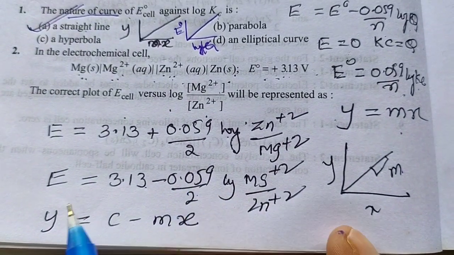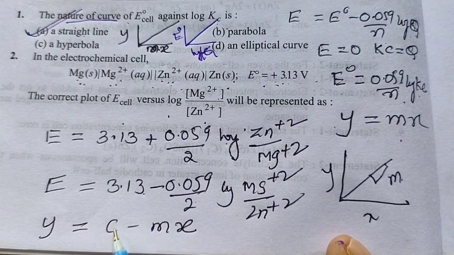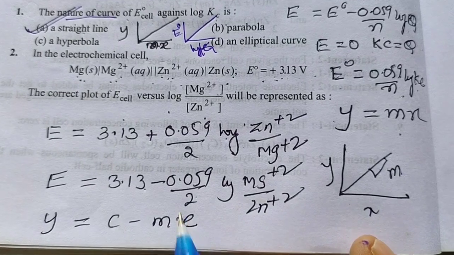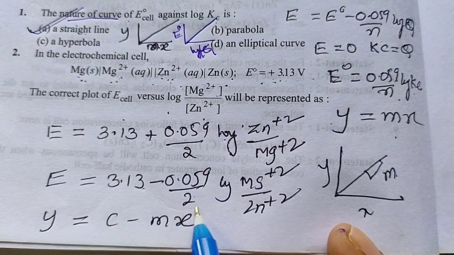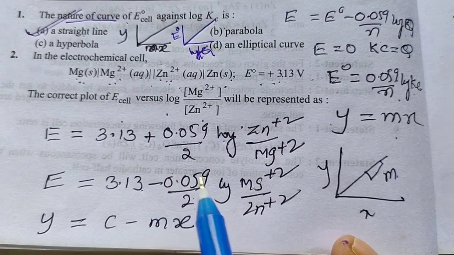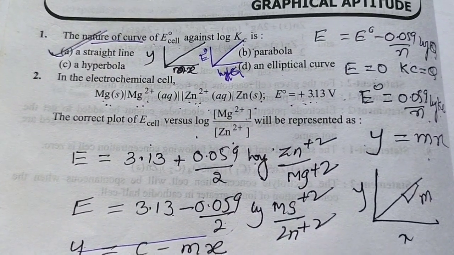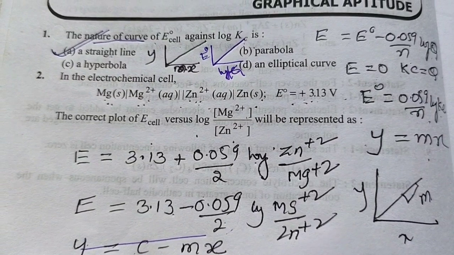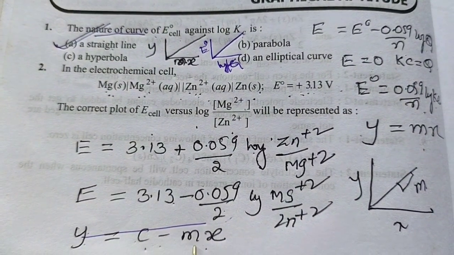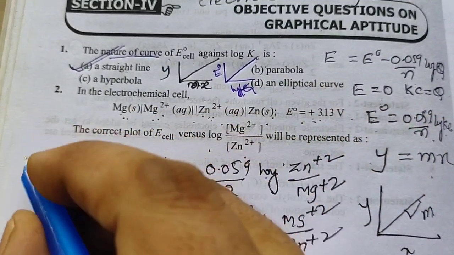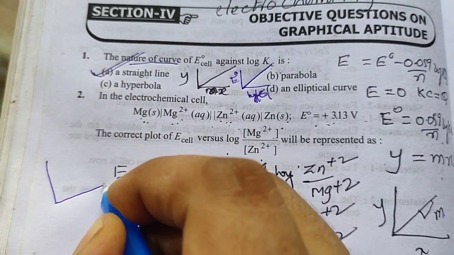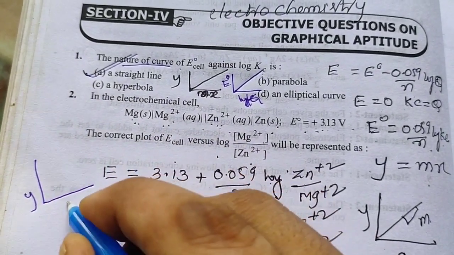So this formula is related to y equals c minus mx. So this is the negative slope. Positive intercept, negative slope. The type of graph we get is like this, y, x.